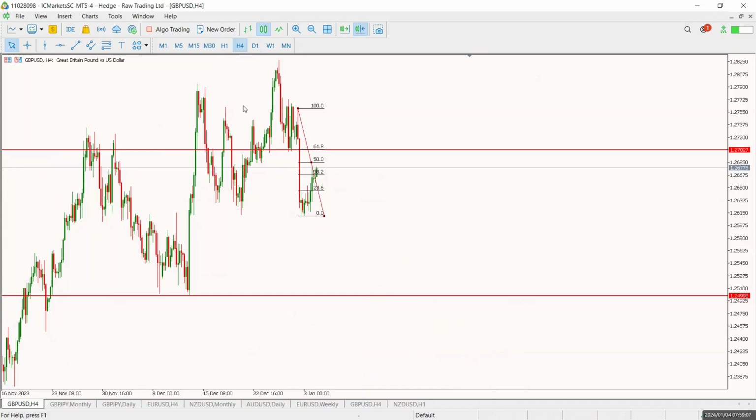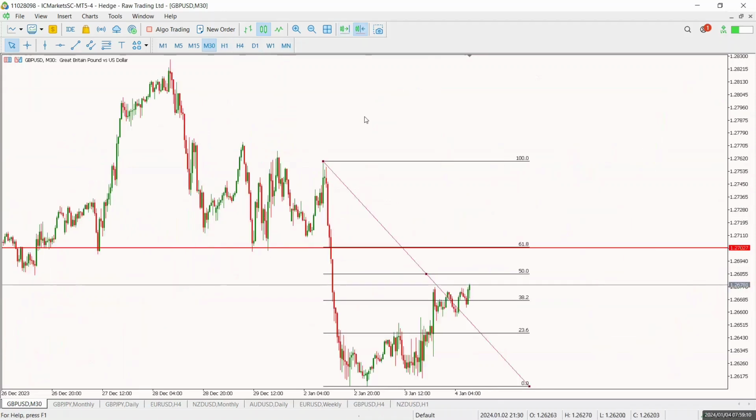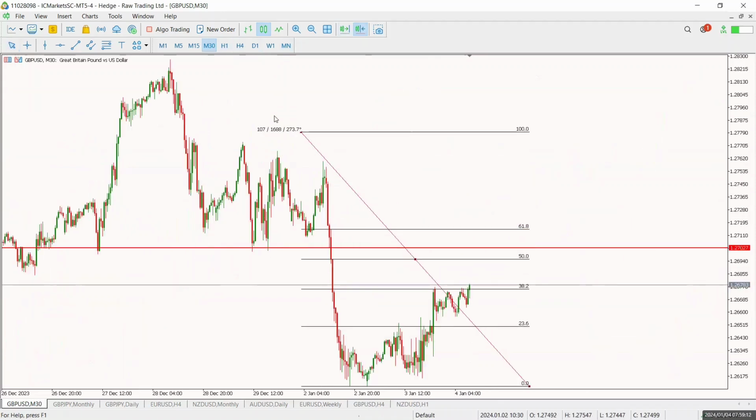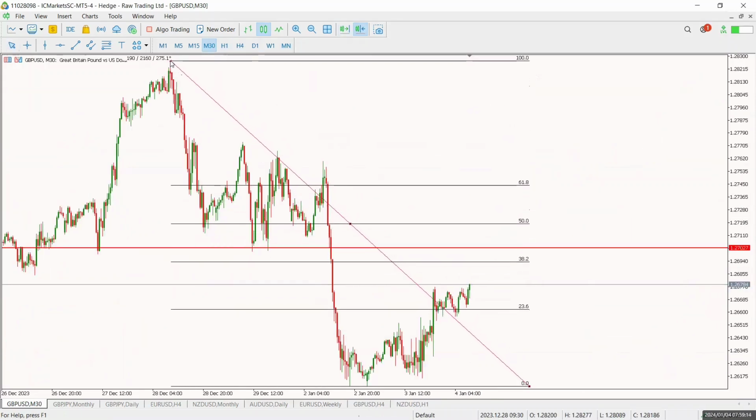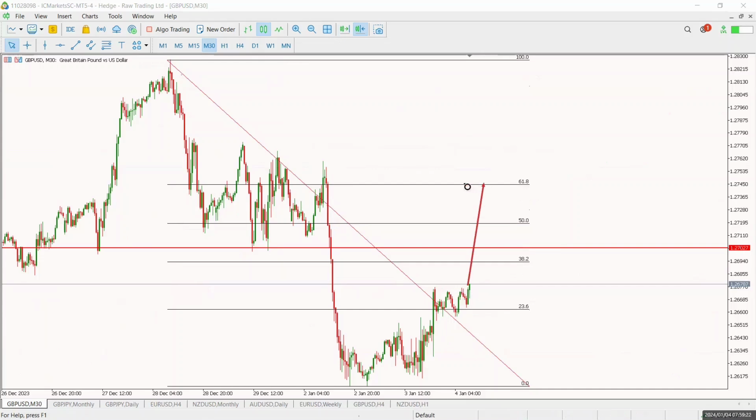Okay, or we could still exit at that 61.8 and see if price would come to the overall 61.8. If price comes to the overall 61.8, then I could sell pinpoint since it's the overall 61.8. Then I don't have to wait for a break of structure. Instead, I can sell pinpoint here and put my stop loss at the high, because I know that all of these are just a 61.8 retracement.